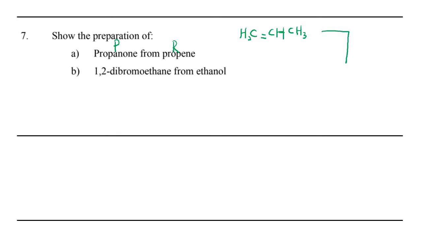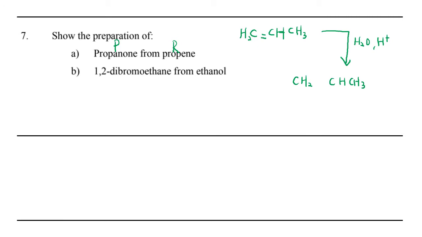Because we are in the chapter of alcohol, you need to relate it with alcohol. If propene is to produce alcohol, we can react it with water, acidified water, which undergoes electrophilic addition. If it undergoes electrophilic addition, we have to follow the Markovnikov rule, where we break the double bond and form 2 new single bonds.